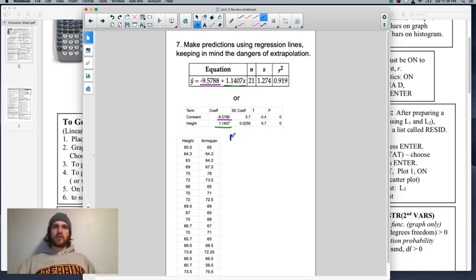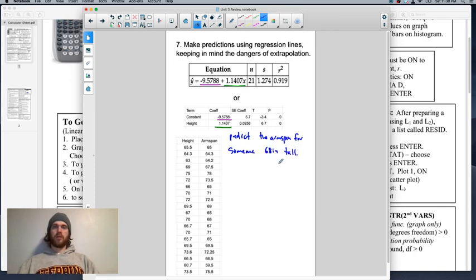All right, so let's take a look here. It'll say something like, predict the arm span for someone 68 inches tall.